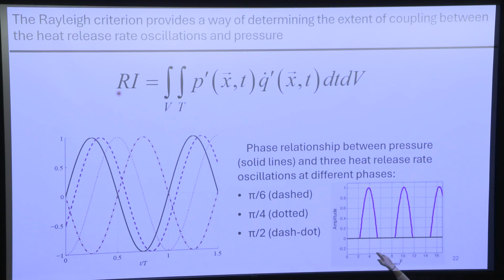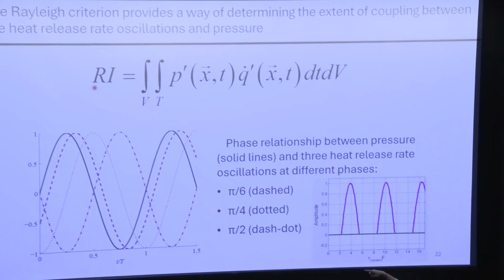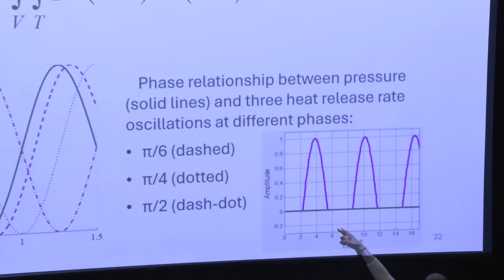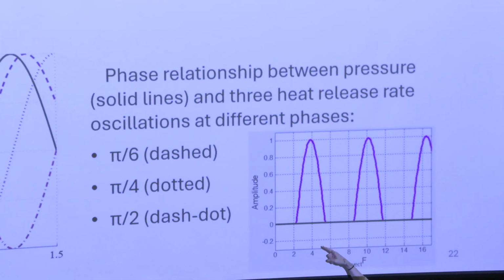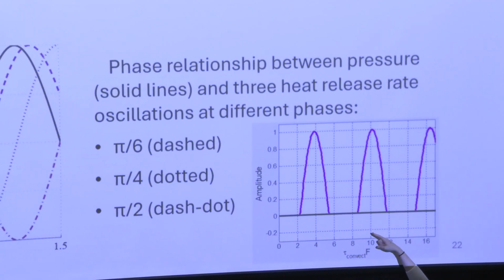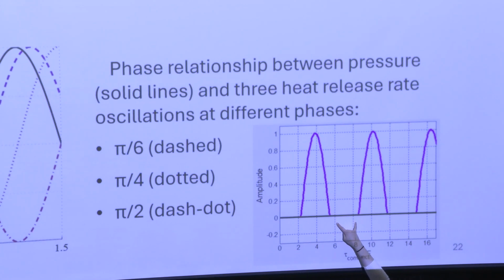where you're between negative 90 and 90 degree phase, where you end up with a positive Rayleigh index, and so you end up with a positive driving for the system, and so you can have a thermoacoustic instability. But then you have these other regions where the Rayleigh index is negative, and they're at least greater than 90 degrees out of phase, so you don't have any driving, and you have no thermoacoustic feedback.